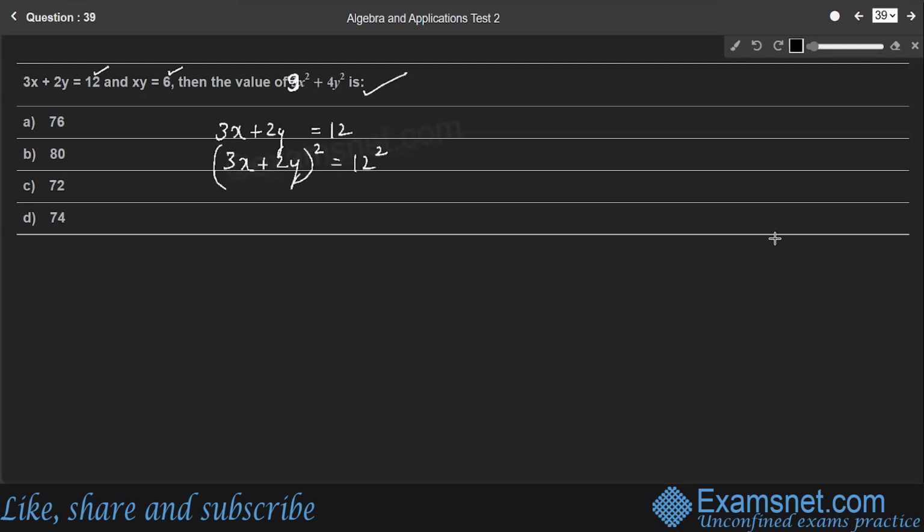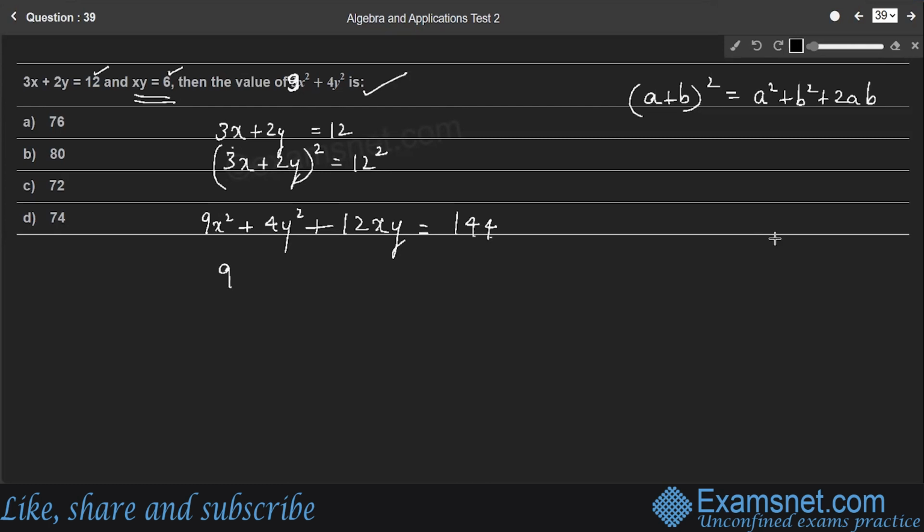Here students, we are using the formula of a plus b whole square, which is a square plus b square plus 2ab. Therefore, the left hand side becomes a square, which is 9x square, plus b square, which is 4y square, plus 2 times ab, so 2 times 3x into 2y. So 3 into 2, 6 into 2, 12 into xy is equal to 12 square, which is 144. And the value of xy is already given, which is 6.